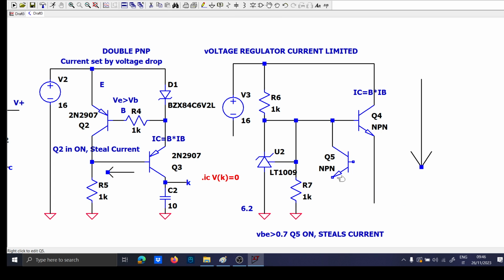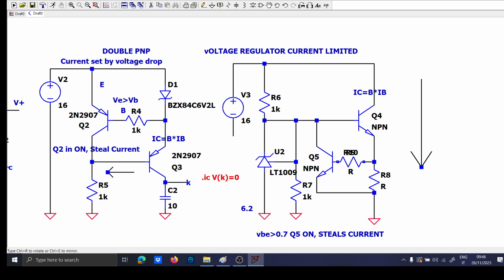To do this, what we can do is put a sense resistor between the base and the current source, and we say when the drop across this is higher than 0.7, then the transistor Q5 is active and it steals current from the active device Q4.